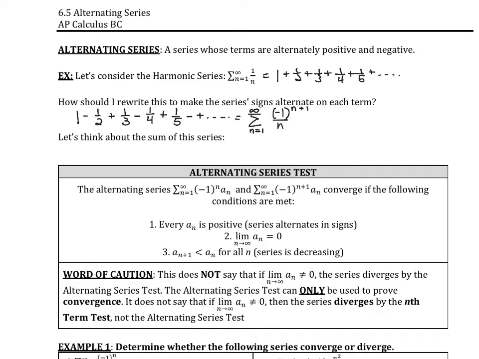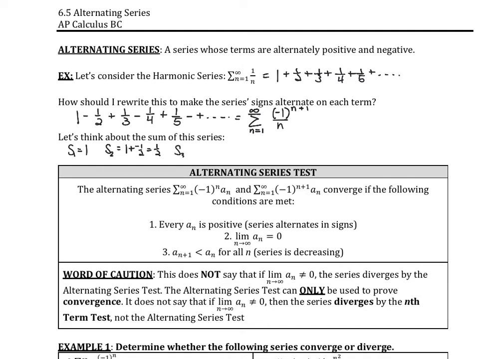And let's think about the sums of these series. Let's think about these partial sums here. If I take the first partial sum, that's silly, that's just 1. But if I take the second partial sum, I'm adding 1 and negative 1/2, so we get 1/2.